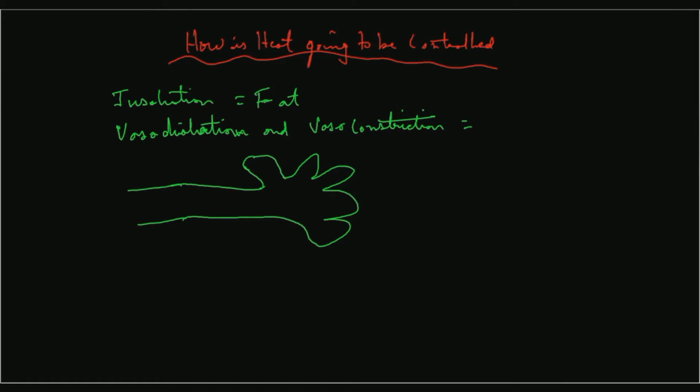Normally the blood vessels will go through like this, and they'll go to the different hands and fingers and all parts of the body. But when there's too much heat, in order to get rid of that heat, the blood vessels will actually go to the surface of the skin in all parts.